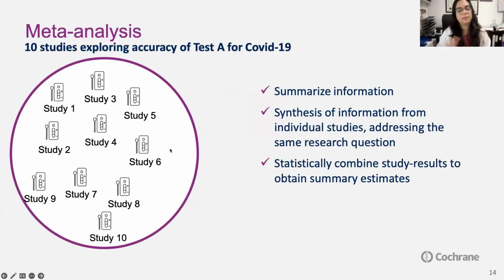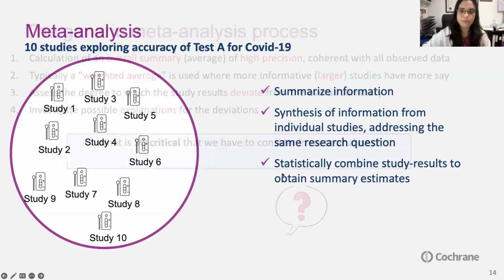So once we complete the systematic review process, the next step is usually to conduct a meta-analysis in order to obtain robust conclusions with respect to the research question of interest. And therefore, we combine statistically all the available information from the individual studies that, of course, address the same question and evaluate the same index test in order to obtain a summary estimate on the accuracy of the test.